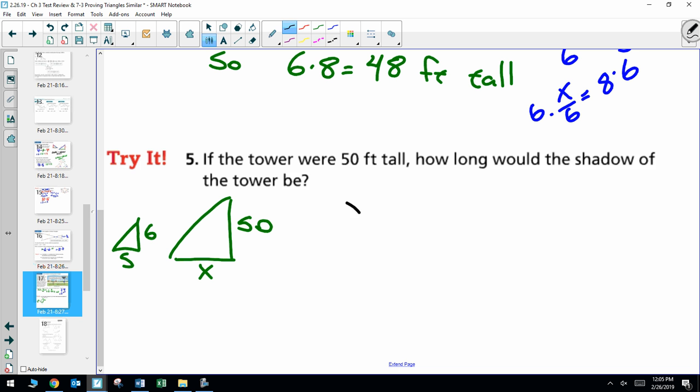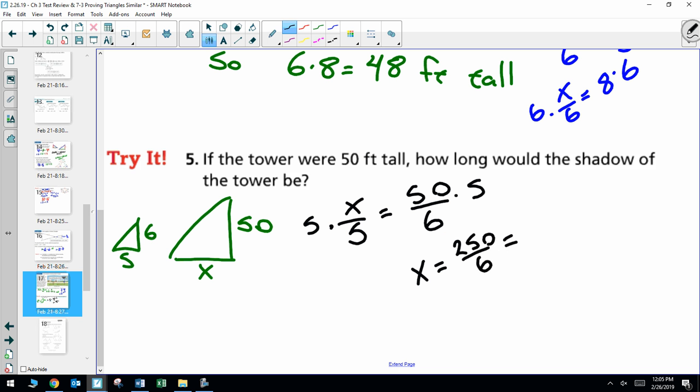This side compared to this side is the same as this side compared to this side. And again, if you're dividing by something, multiplying by 5, so in this case, x would be 250 divided by 6, which is 41.6.